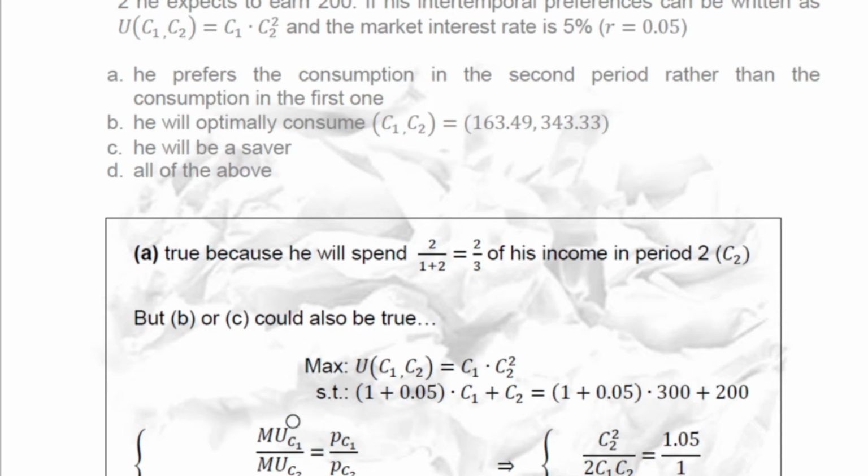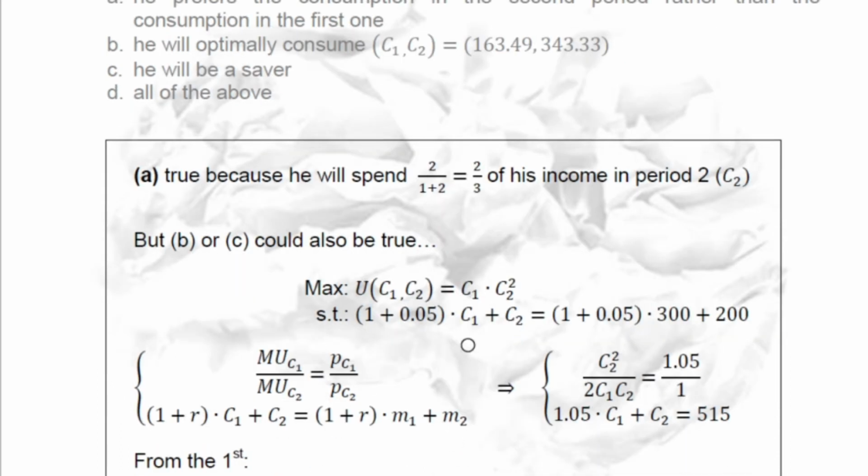We equalize the MRS in absolute value to the price ratio, and we write the budget constraint, because this is a Cobb-Douglas type utility function and we know that a tangent solution exists. So the derivative with respect to C1 is C2 squared, and the derivative with respect to C2 is 2 C1 C2, equal to the price ratio. The price of C1 is 1.05, and the price of consumption in period 2 is 1.